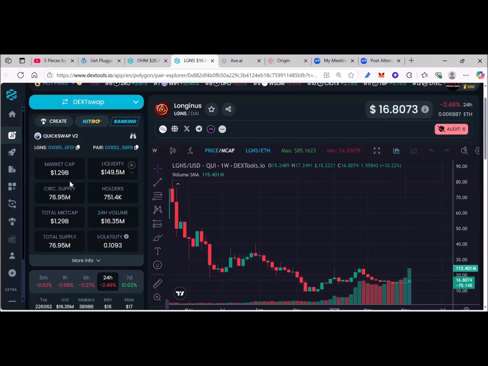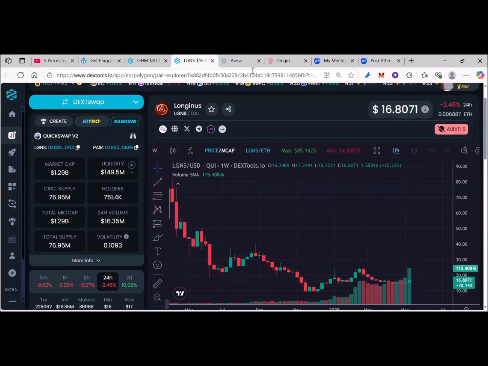We've seen it rise from 170 million to 1.29 billion in 14 months. I want you to see how many holders are participating here. It's over 751,000 wallets connected to this protocol. So this is pretty serious what it's doing here.